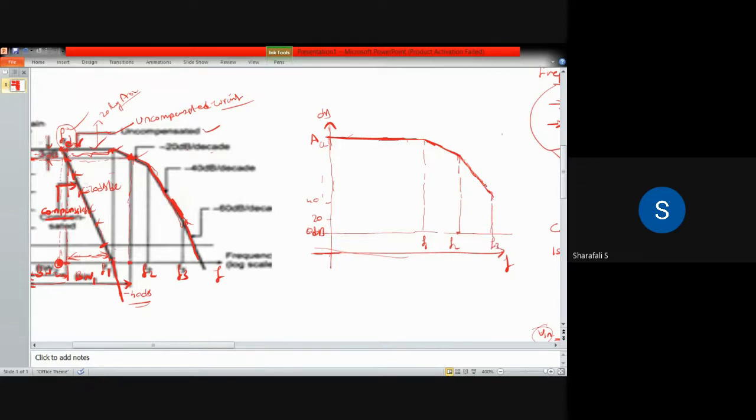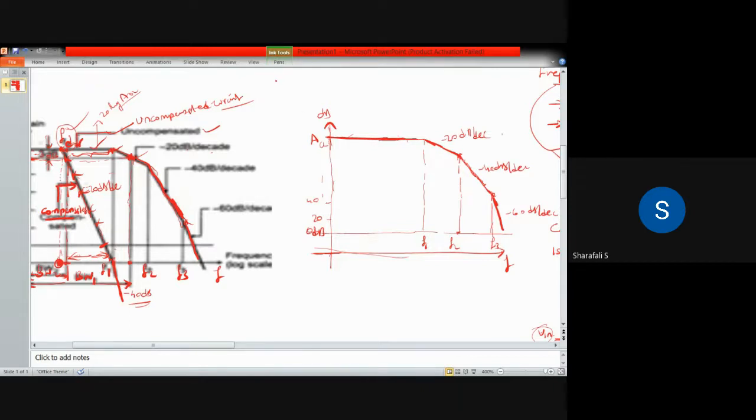After reaching that third break frequency, it starts decreasing again. So here it is minus 20 dB per decade, here it is minus 40 dB per decade, and here it is minus 60 dB per decade. This is the frequency response without compensation.